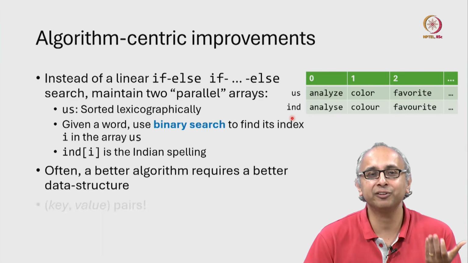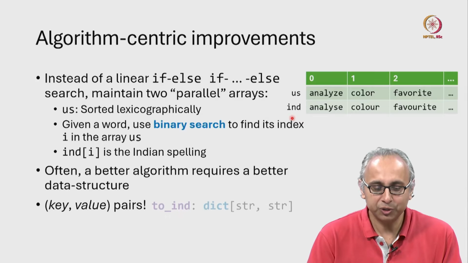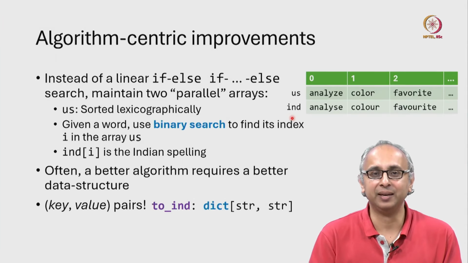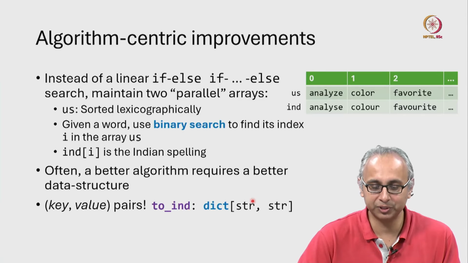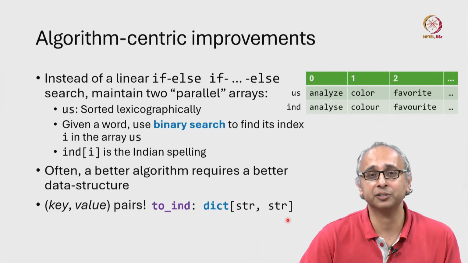So we have key value pairs. And for key value pairs, there's a very natural data structure. We don't need to maintain parallel arrays, we just maintain a dictionary. In Python, of course, the syntax is a dictionary where the keys are strings and the values are strings.